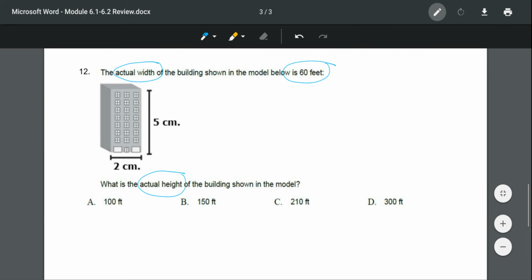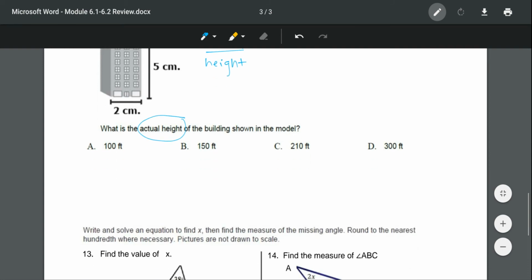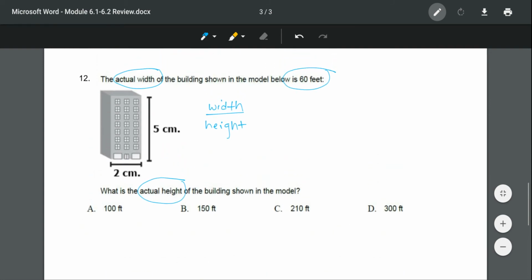So we can write a word ratio that compares the width to the height. Okay, so the width is 2 centimeters and the height is 5 centimeters equals, and then we want to set that equal to what the actual width and height would be in feet.